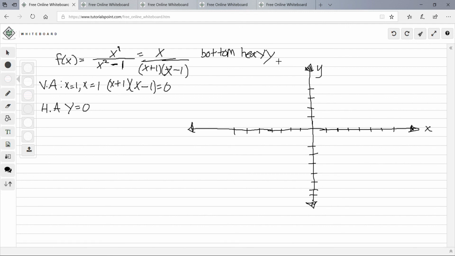Okay, so let's set our VAs at 1 and -1. This should be a -1. So here's 1, and it's going to be dashed.